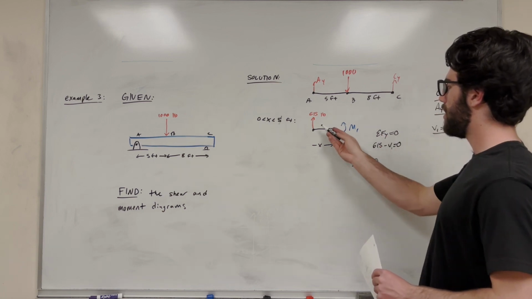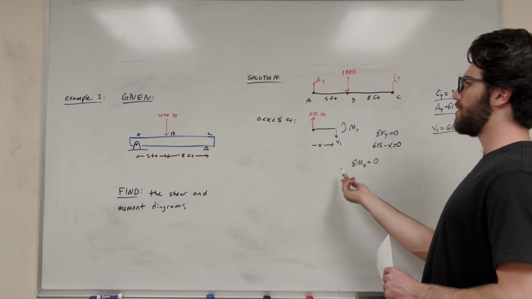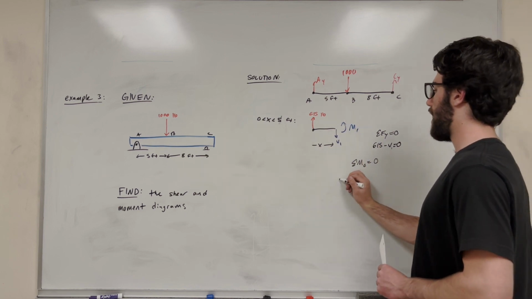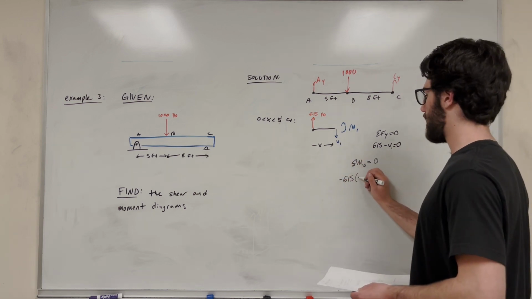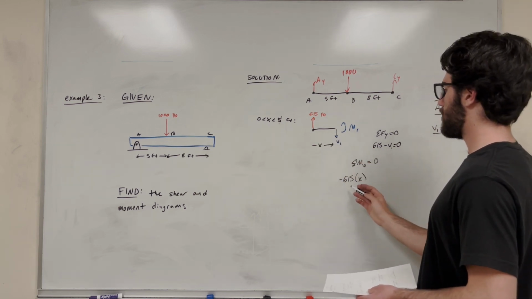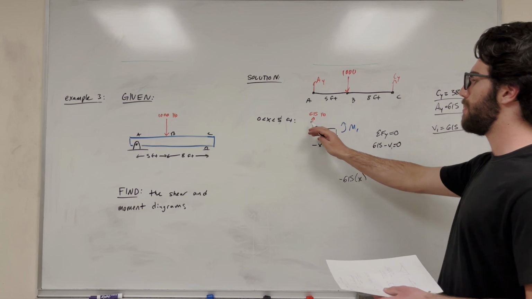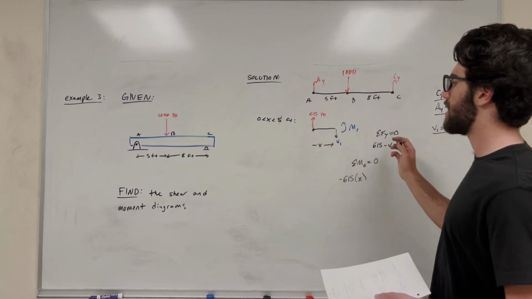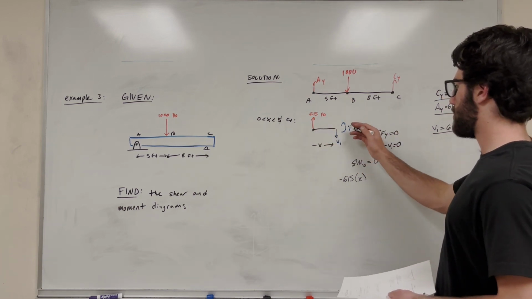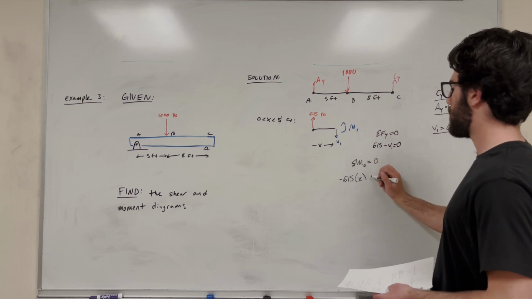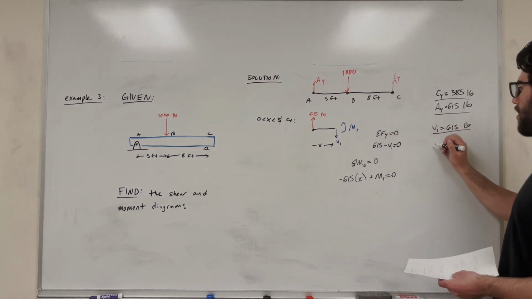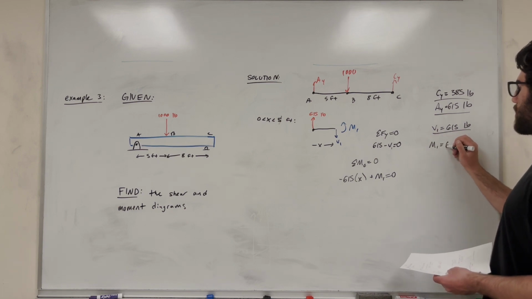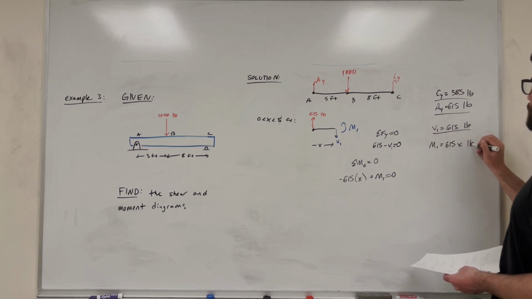This 615 makes us want to rotate clockwise, so we subtract that 615 times its distance away, x, similarly to the last problem. As x grows, that moment grows; it's a stronger moment as x gets bigger. And of course, moment 1 goes counterclockwise, so we add that. If you solve that, you get M1 is equal to 615x pound-feet.